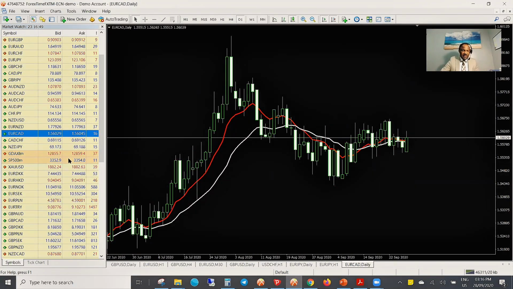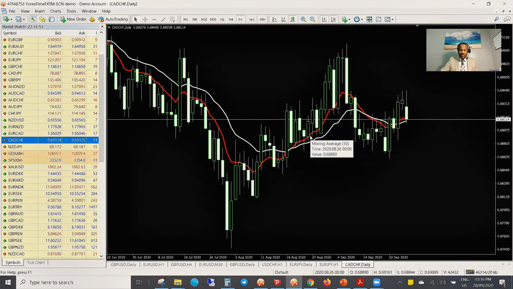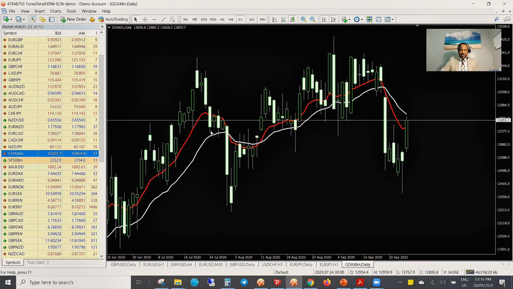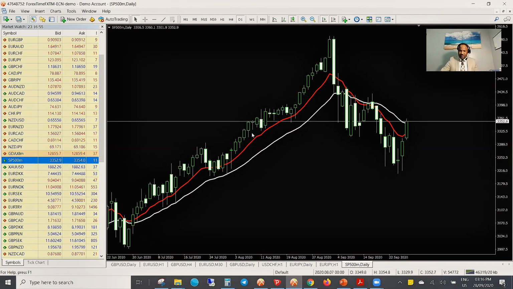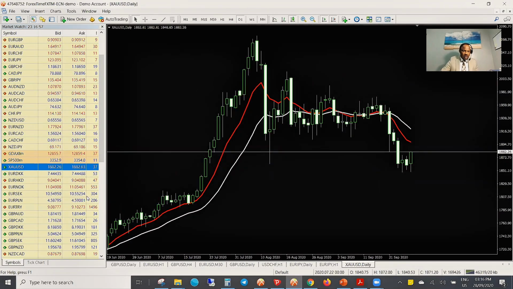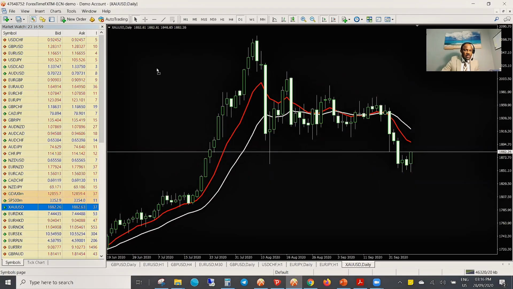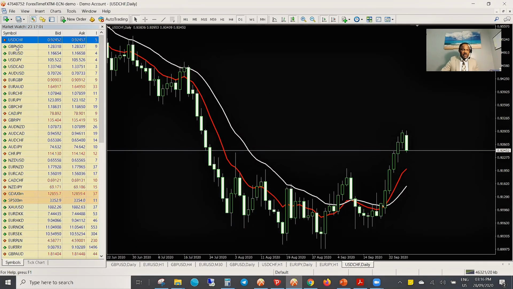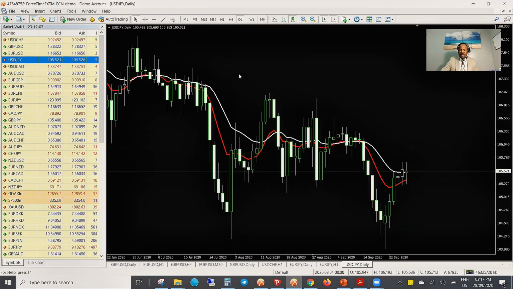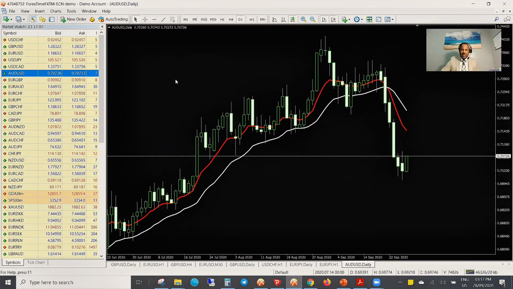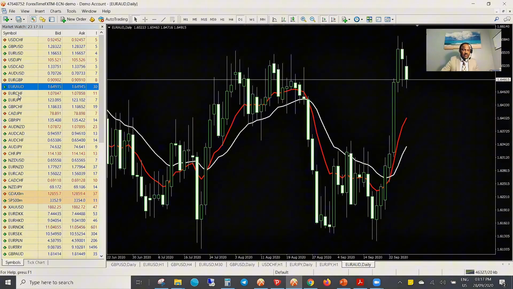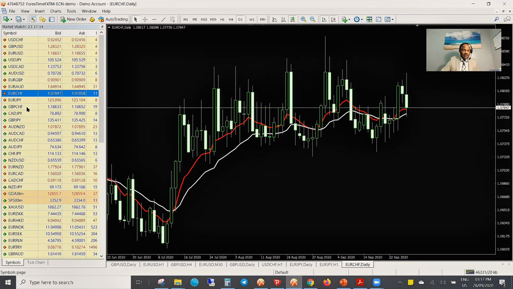There's some of them that the moving averages will cluster to each other. You just wait for them to clear out. I've done this. USD JPY downtrend. USD CAD uptrend. AUD USD uptrend. Euro AUD uptrend. I mean, I'm looking for a question to ask you.